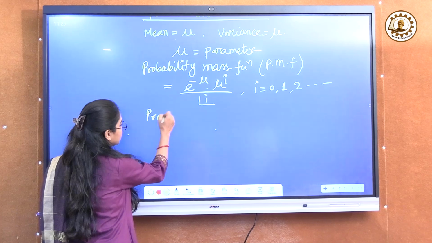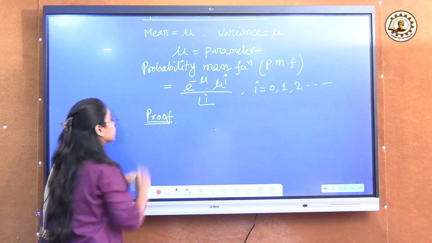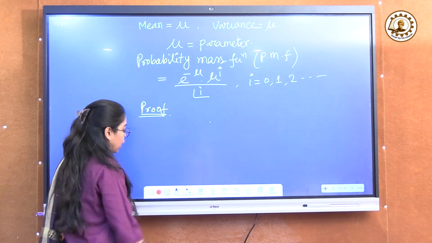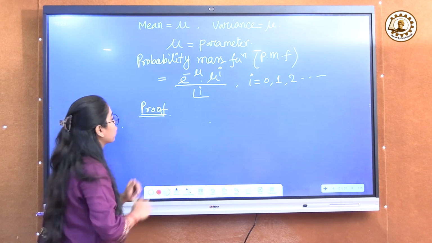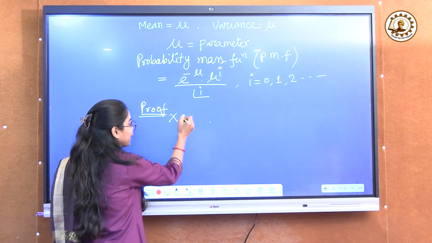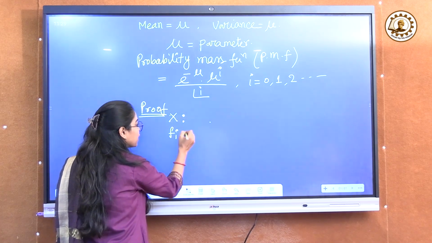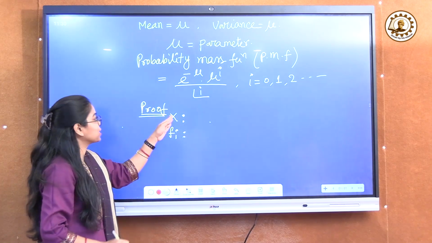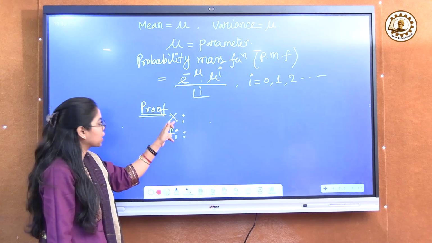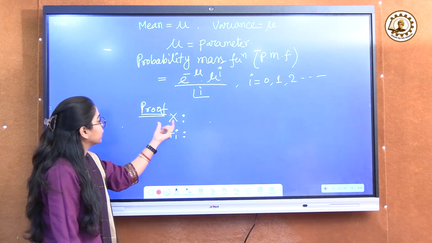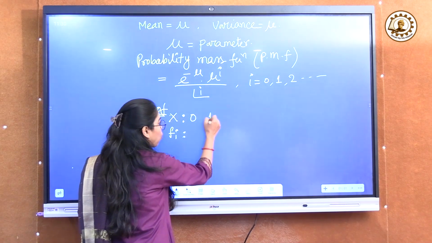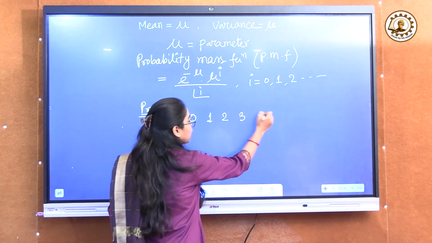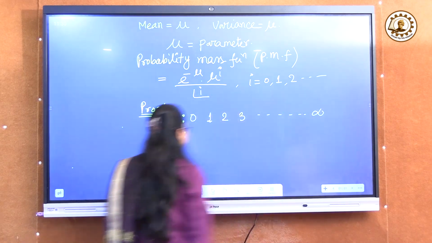Now, how to prove this? We know the mean of any discrete distribution. What is the form of a discrete distribution? In a discrete distribution, capital X is a discrete random variable, and we take the spectrum of capital X as 0, 1, 2, 3 up to, suppose, infinity.